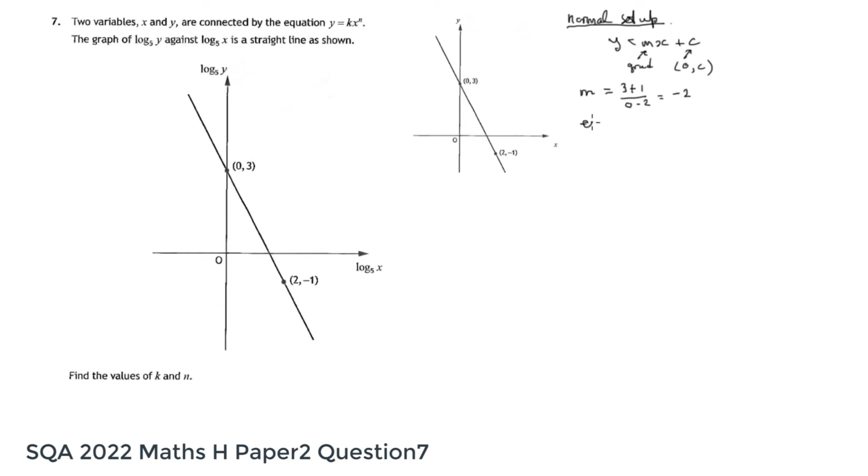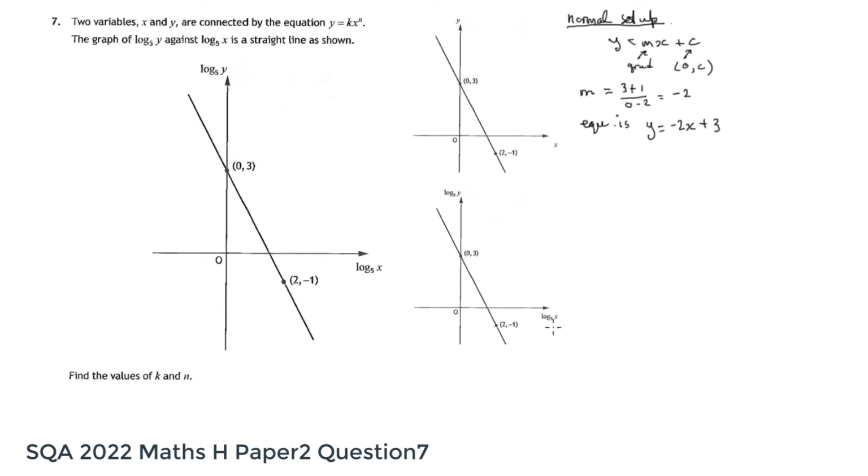So the equation, in the normal setup where we have an x and y relationship being a straight line graph passing through these 2 points, is, in this case, y equals negative 2x plus 3 for the intercept. So that's fine, but that's not the situation we've got.